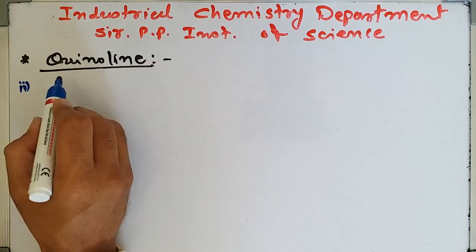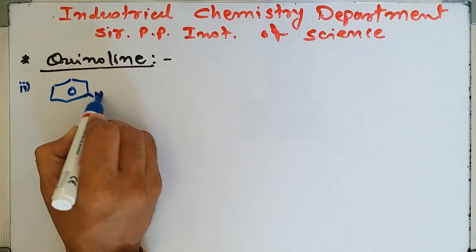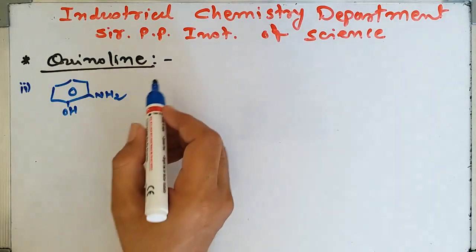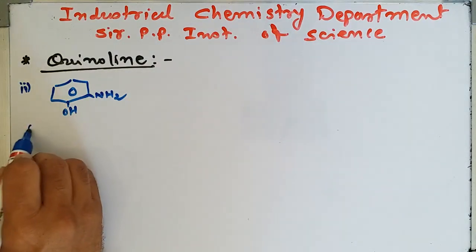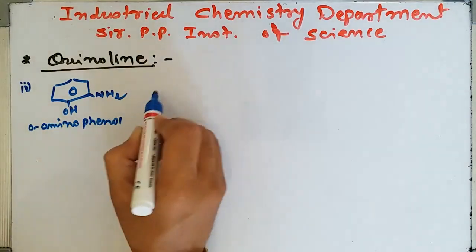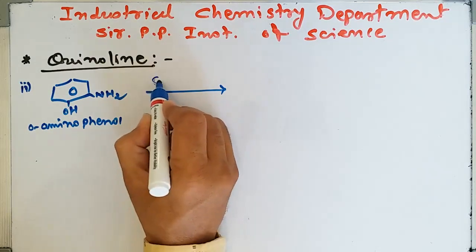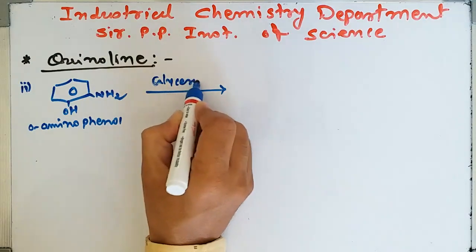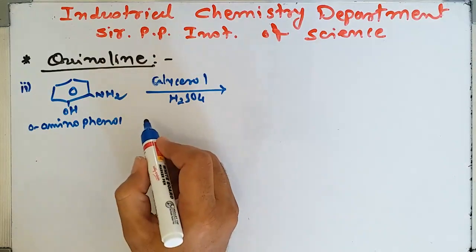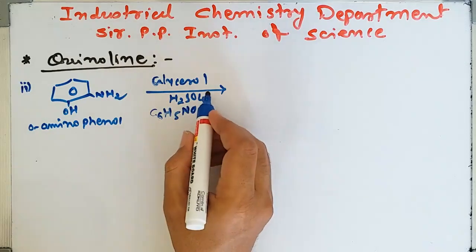We get quinoline from orthoaminophenol, which is treated with glycerol, as in the above synthesis, with the help of sulfuric acid and nitrobenzene.